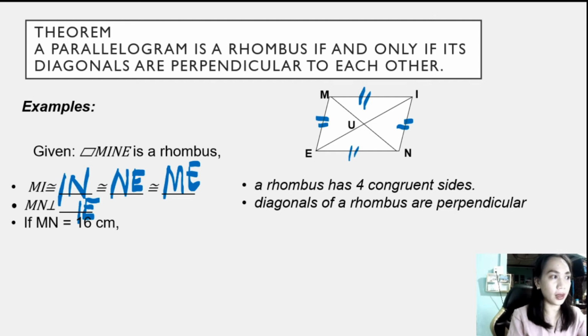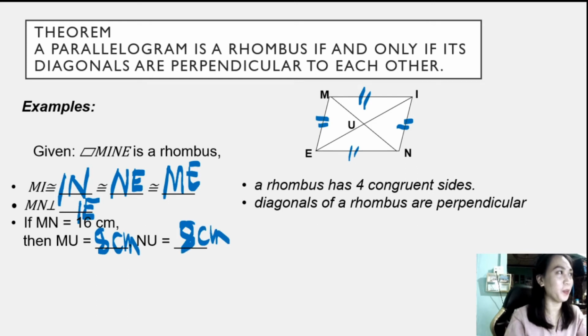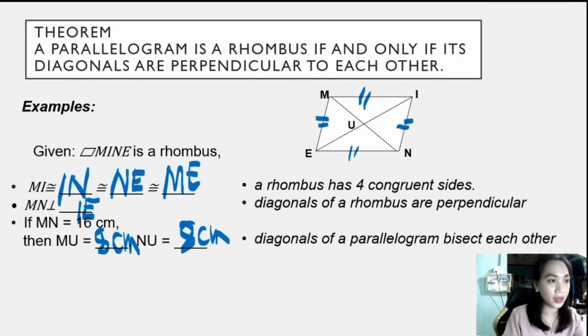If MN is 16 centimeters, then what is the measure of MU and MU? So their measure is 8 cm and 8 cm. Okay, so same sila as 8 cm because the diagonals of a parallelogram bisect each other.